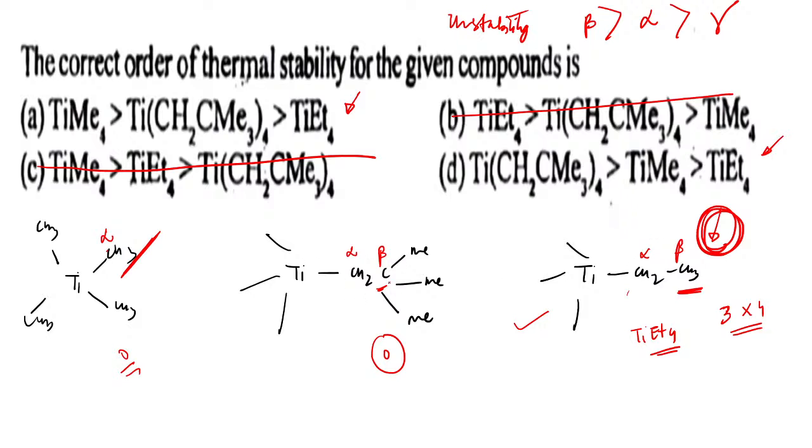So after Ti Et4, this group will come, because here you have 1 2 3 4 5 6 7 8 9 10 11 12 alpha hydrogens, and in this particular group we have fewer alpha hydrogens. So the correct answer is option D.